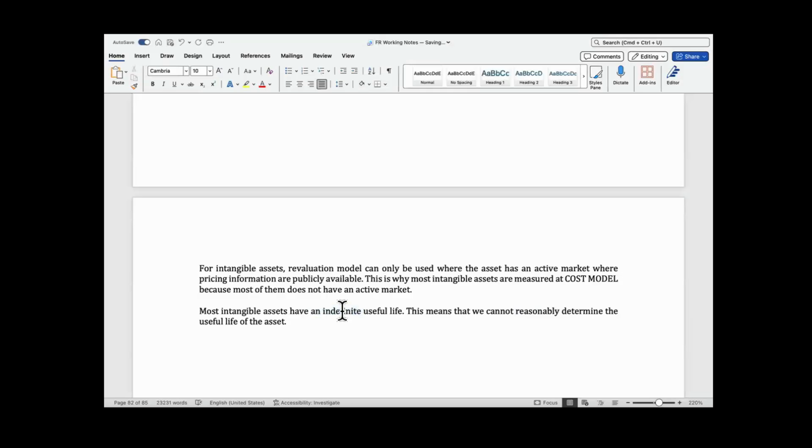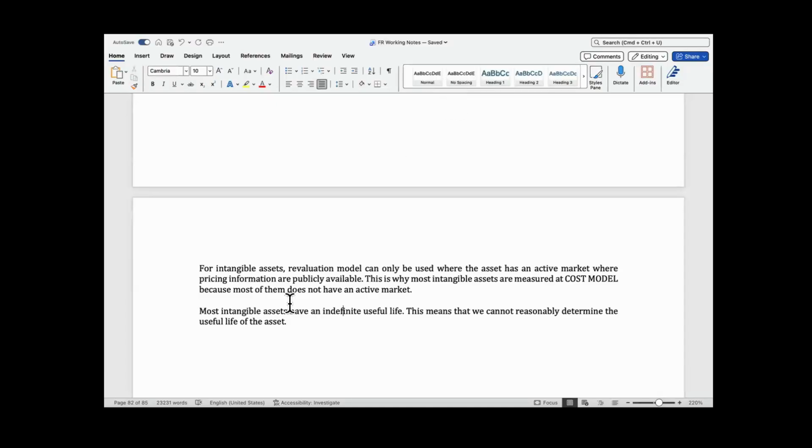We don't have an infinite useful life in reporting or in any standard, because infinite means it will not end. But indefinite, it will end, but we don't know when. We cannot reasonably determine it.